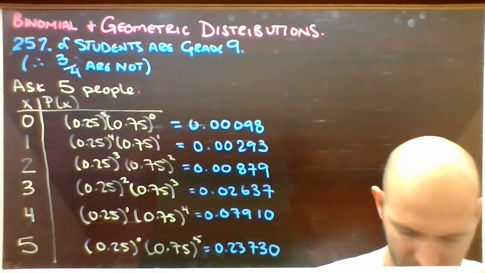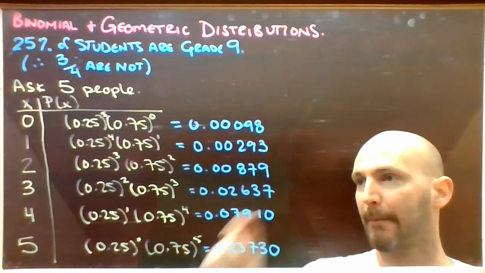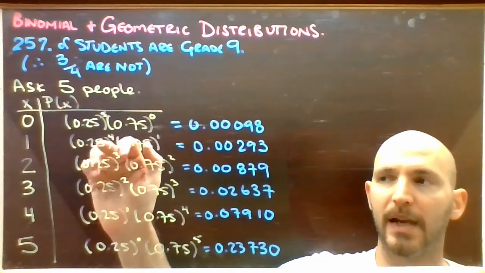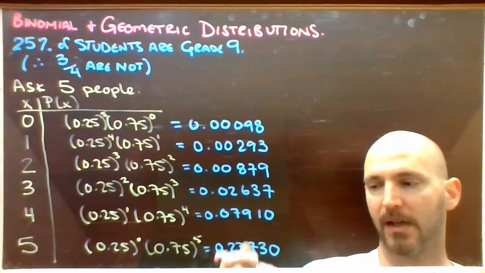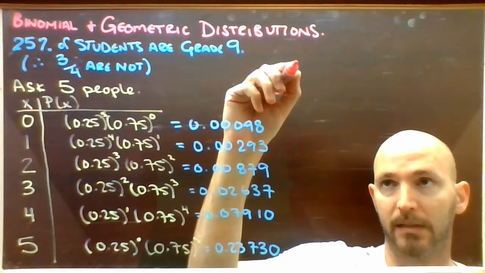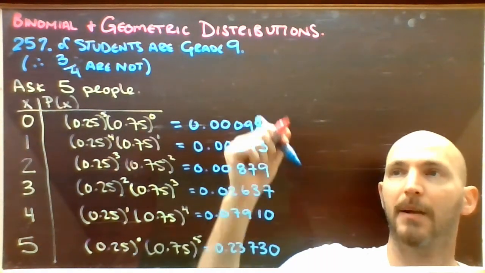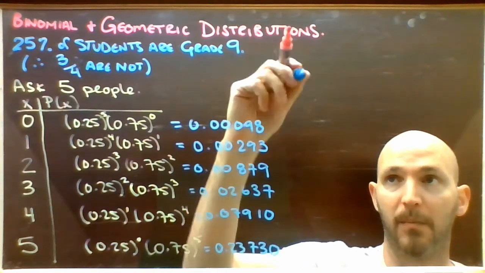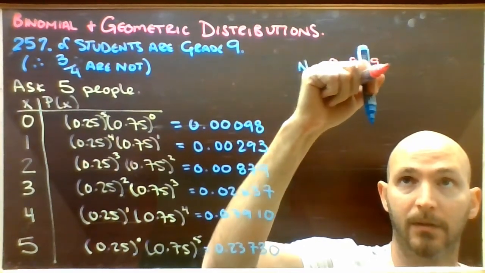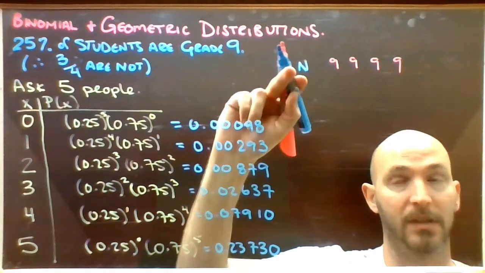So this part's a little hard to wrap your brain around. So the thing is, if I had 4 grade 9s and 1 person who's not a grade 9, I might have found my not a grade 9 first, and then found 4 grade 9s. This is not a geometric distribution. I didn't stop when I found them.